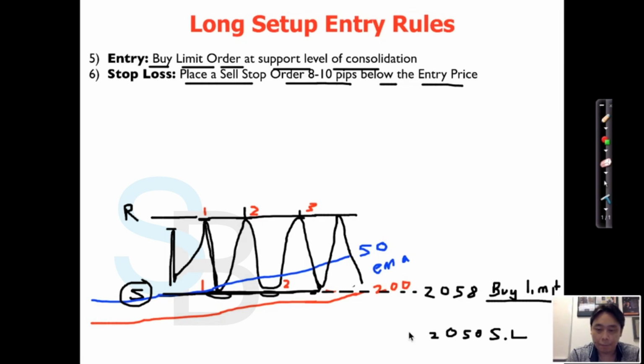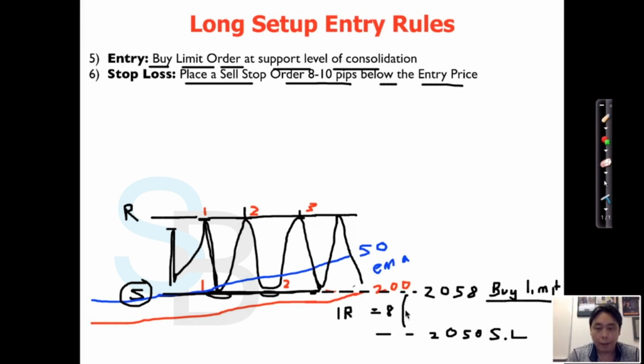Which would be again at least 8 pips below the buy order. Again, it could be more than 8 pips, but at least 8 pips. So that is known as my 1R, my risk of this particular entry.